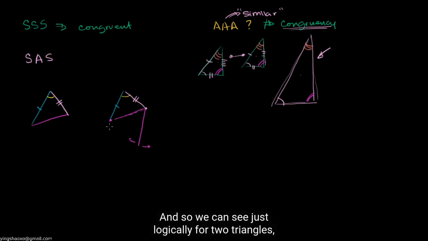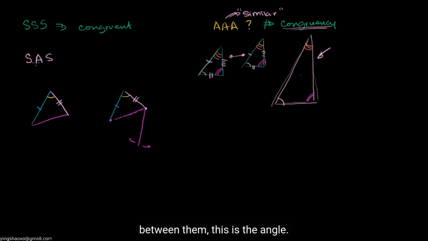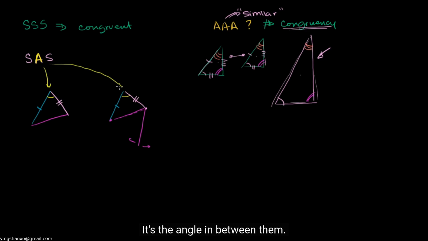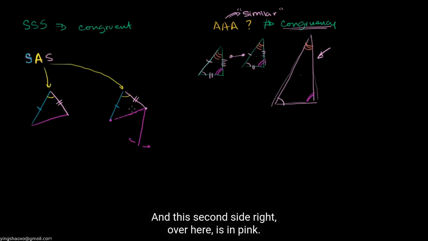And so we can see just logically that if two triangles have one side with the same length, the next side with the same length, and the angle in between them, this is the angle. This first side is in blue, and this second side right over here is in pink.